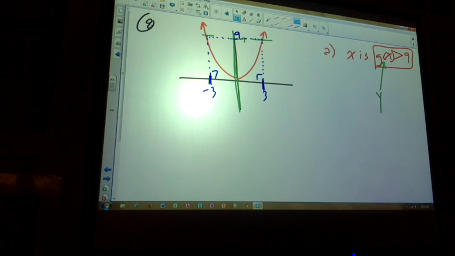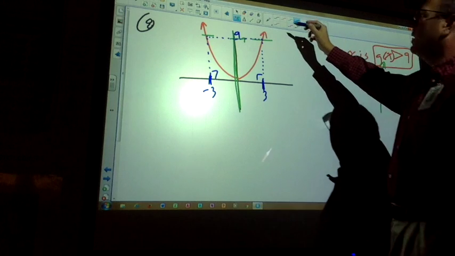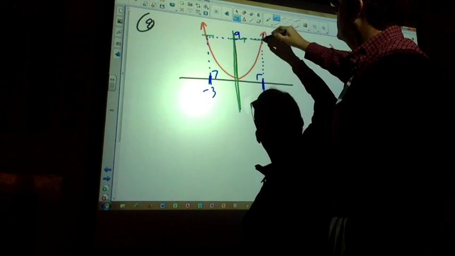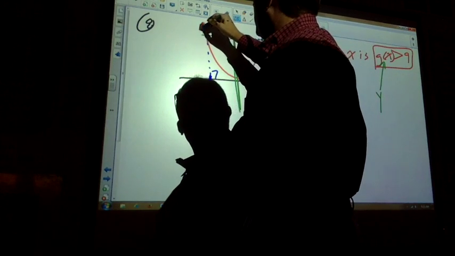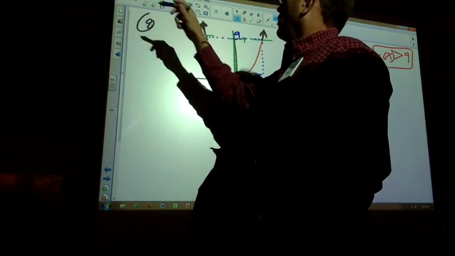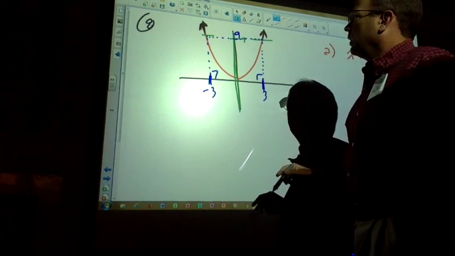So, what x values give me a value that's bigger? This graph here is continuing up this way forever and ever. This is continuing up this way. It's also continuing up and over, up and over.